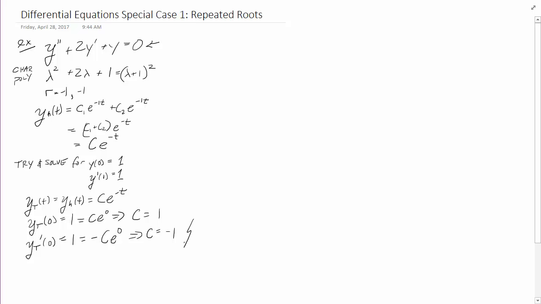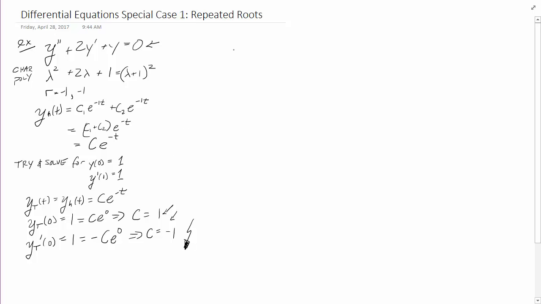This is what we like to call a contradiction. c cannot be both 1 and minus 1, so we have done something wrong. And this is actually kind of a hallmark of this method of undetermined coefficients. What we have to do is come up with a new guess at the homogeneous solution that also has these properties that we like, that when we take derivatives of that guess, we can get linear combinations that will satisfy this original differential equation.